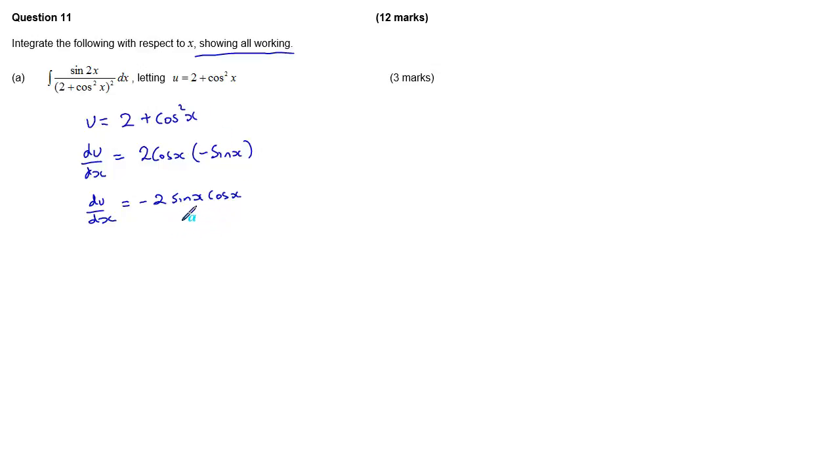Now, 2 sine x cos x, I know, is sine 2x. So we've got minus du is equal to sine 2x dx. So the sine 2x dx can replace these things here.